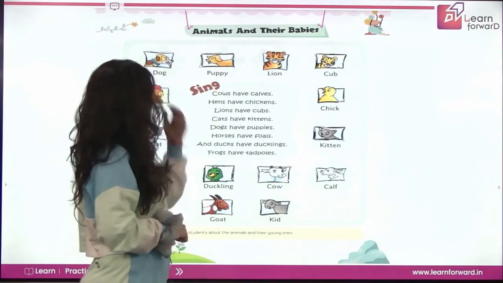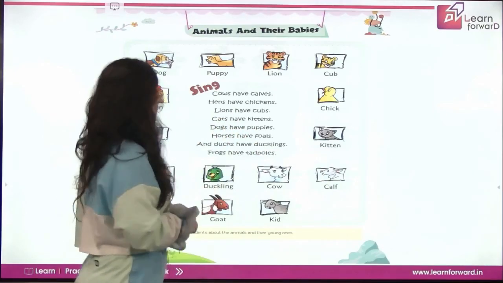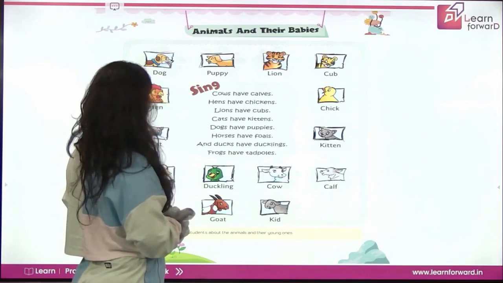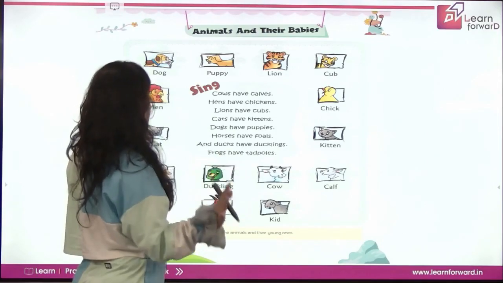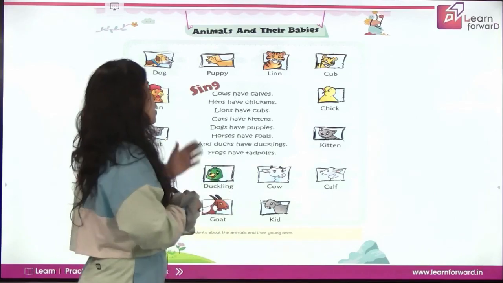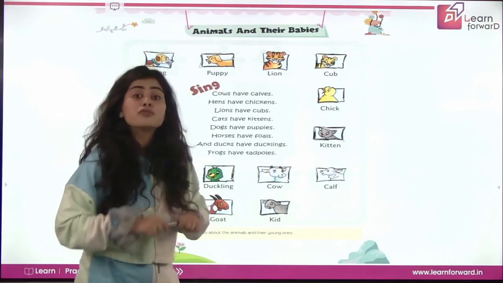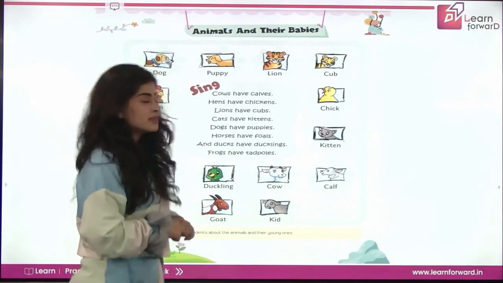Now next is horses have foals. Horse is not given here, but I will tell you, horses have foals. A horse's baby is called a foal.